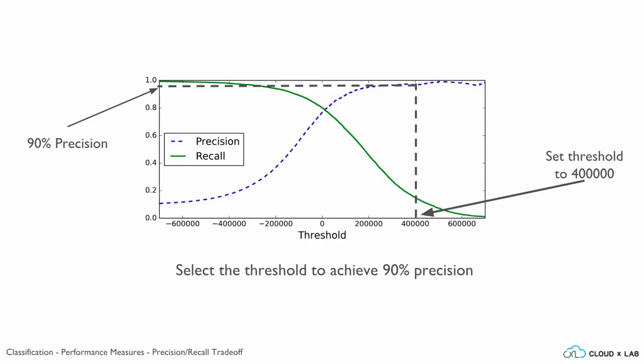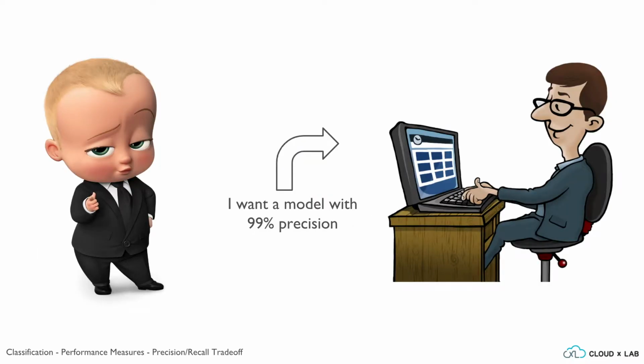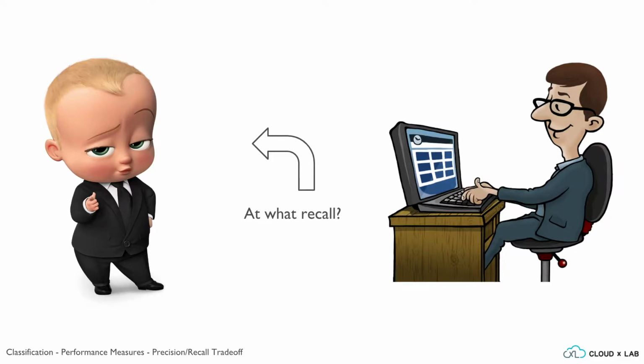Let's say we want to achieve 90% precision. To achieve the same, we set the threshold to around 400,000. But in this case, we have only 18% recall. The high precision classifier is not very useful if its recall is too low. So if your boss asks you to reach 99% precision, you should ask him at what recall.